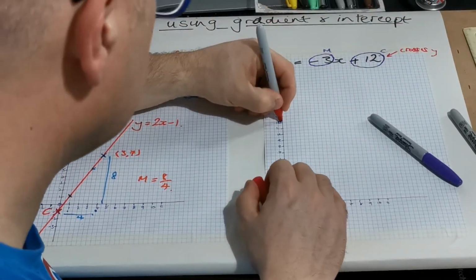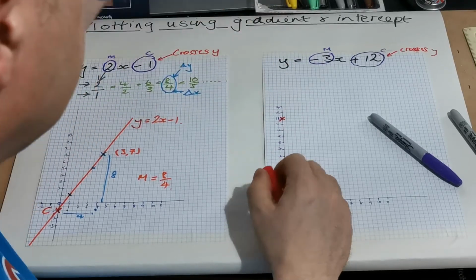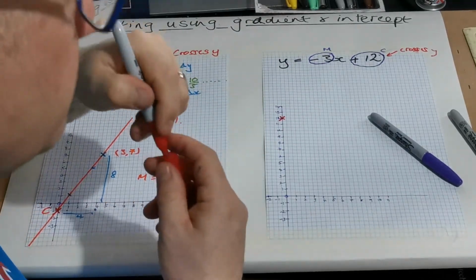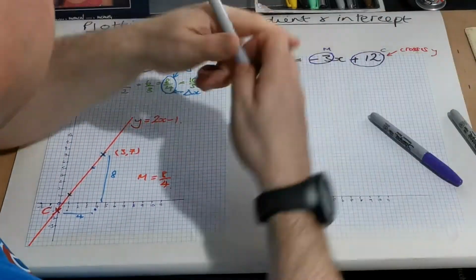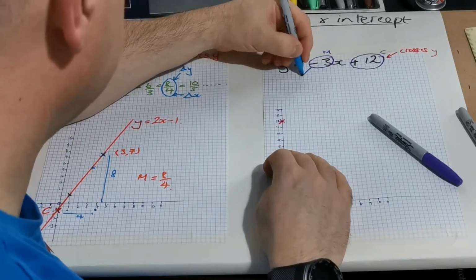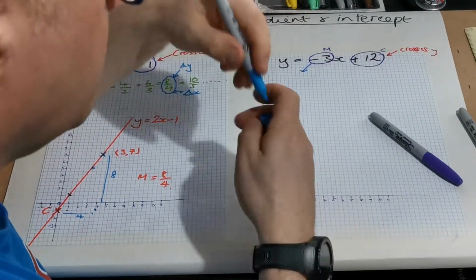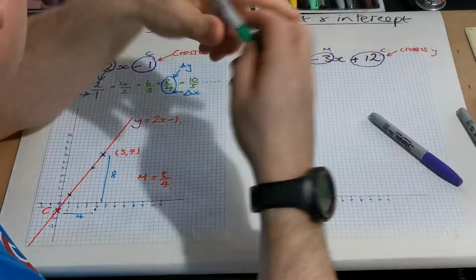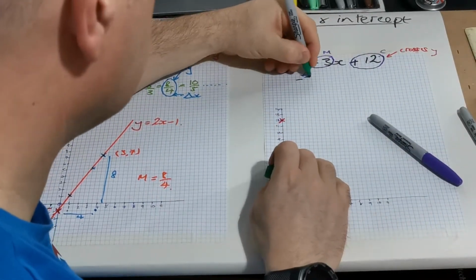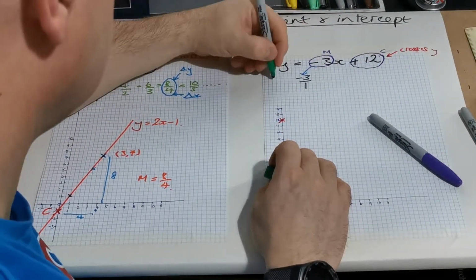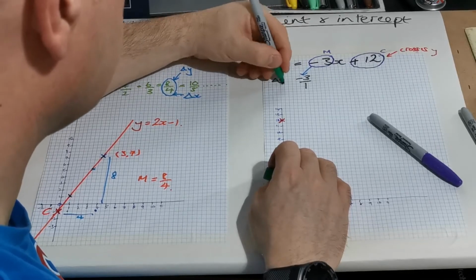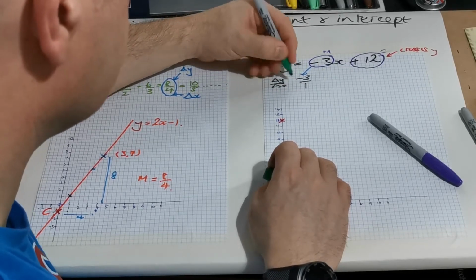So that's there, 12. Now remember, this means, I'll put it in the same colour pens, -3/1 is the change in y over the change in x.